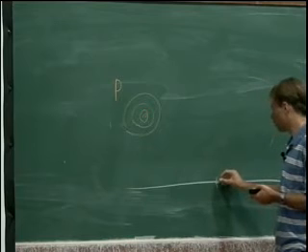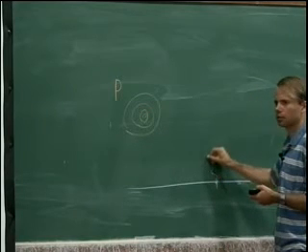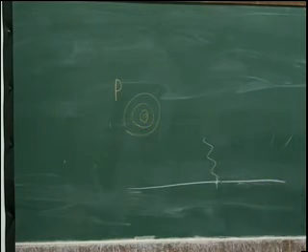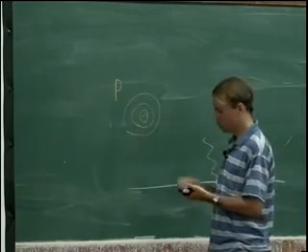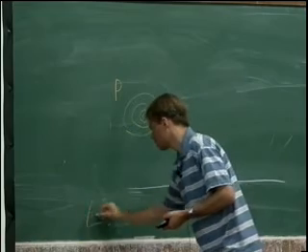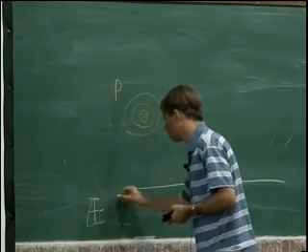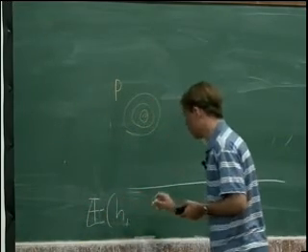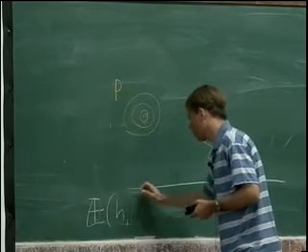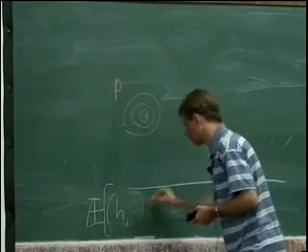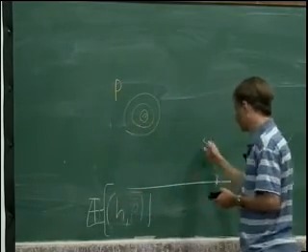And now I start growing my SLE path. At each time, I can ask, what is the expectation of my field H inner product with rho given the path up to time t?